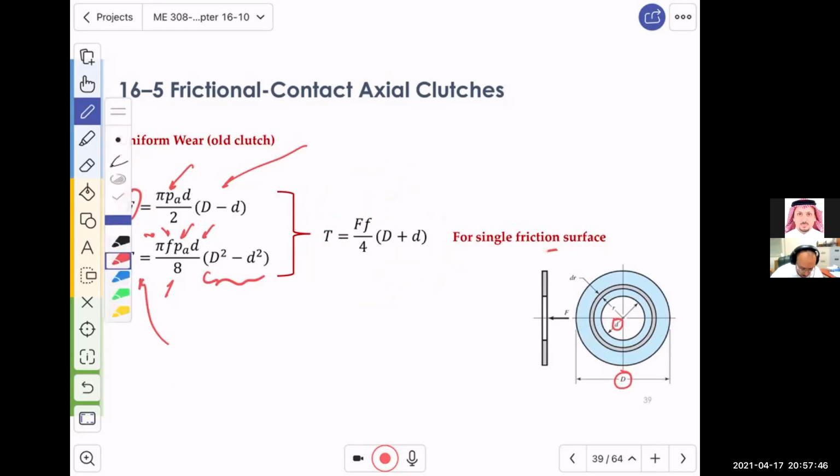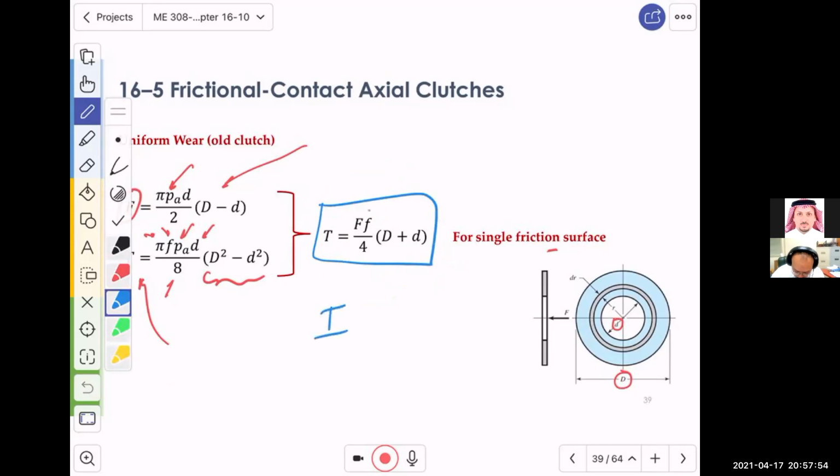If I go to this equation and divide the torque by this F, and also divide it by capital D, you will end up with an expression on the right hand side.